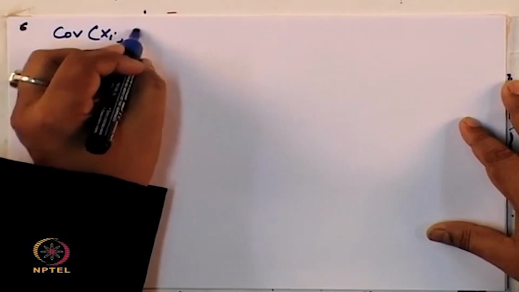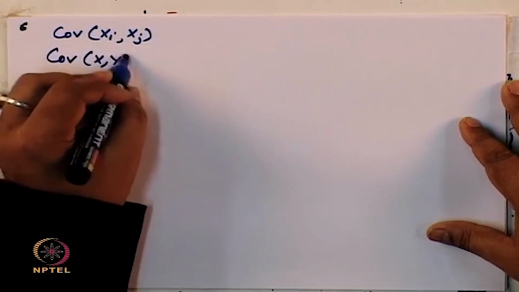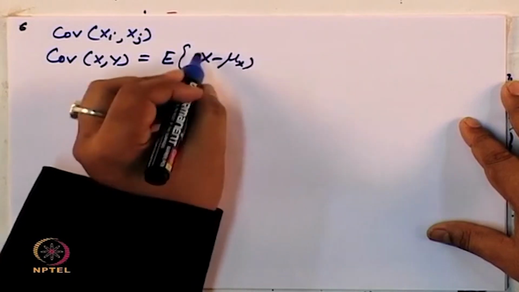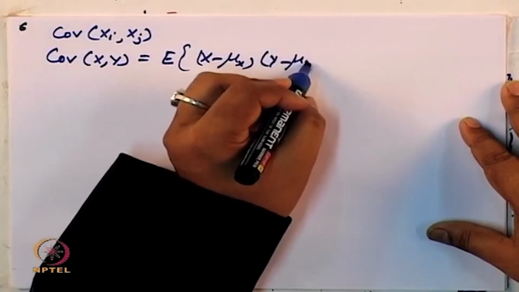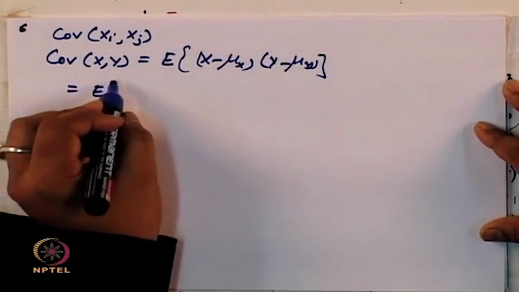Covariance of xi comma xj, or let us say covariance of x, y, is defined as an expectation. I can expand this.